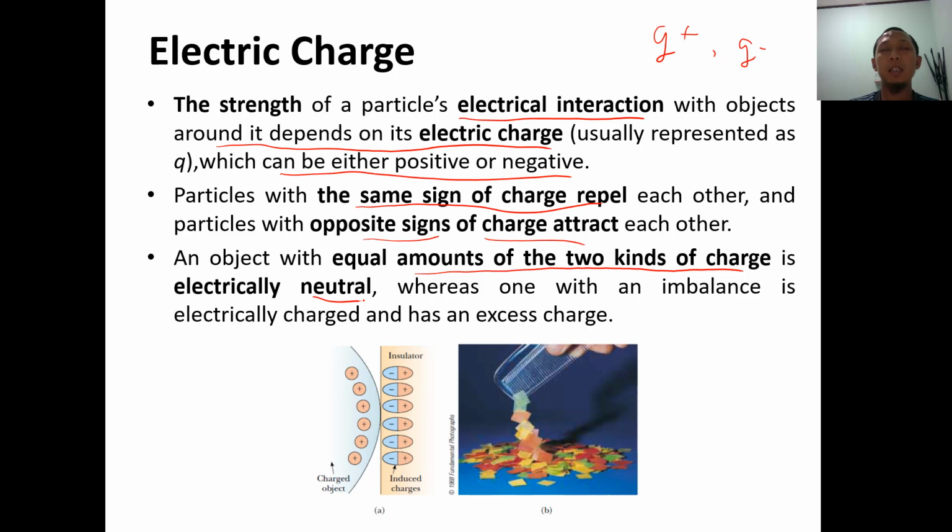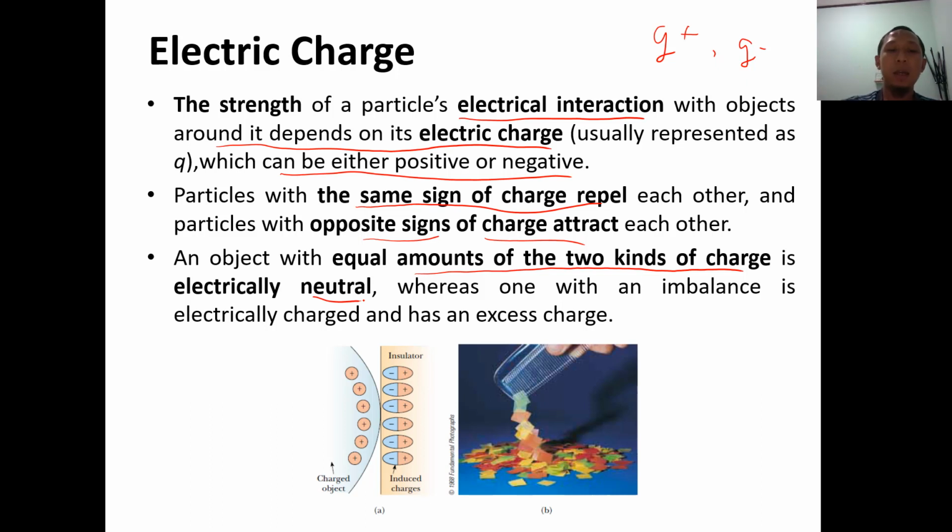They don't attract or repel each other. It means that the material is neutral. And if there is an imbalance of electric charge in this material, it has an excess charge. The excess charge will be negative or positive, and that determines the charge of the material.